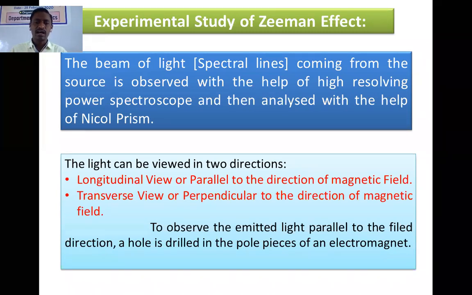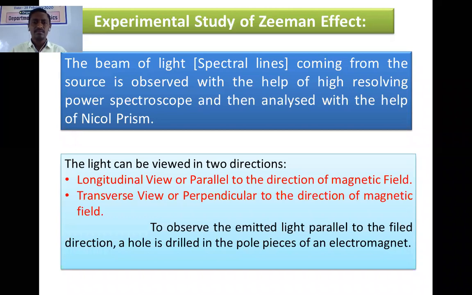The mercury arc lamp has four spectral lines. Zinc has a single line. Magnesium has four different spectral lines. But among the various spectral lines emitted by the source, we will focus on a single spectral line and study the effect of an external magnetic field on it.